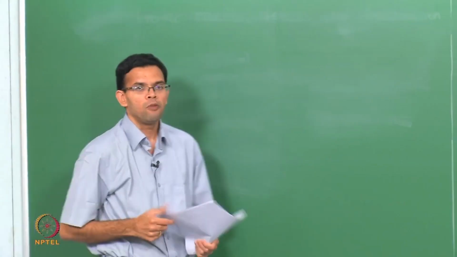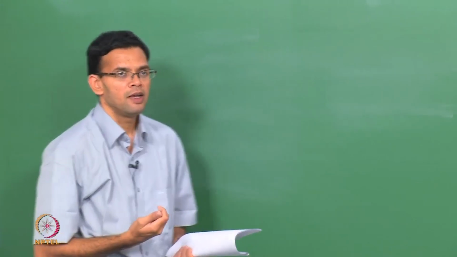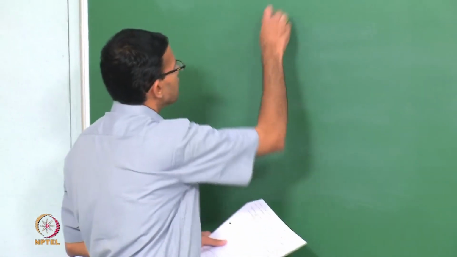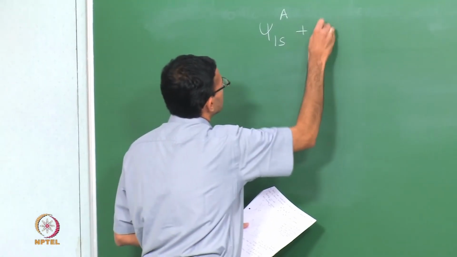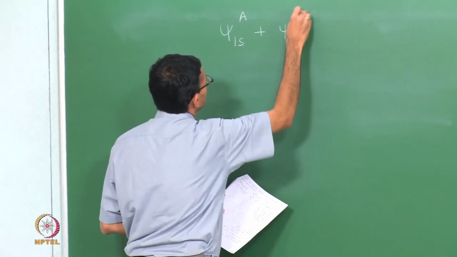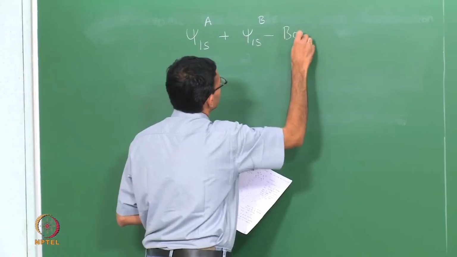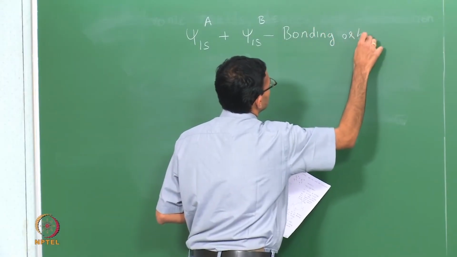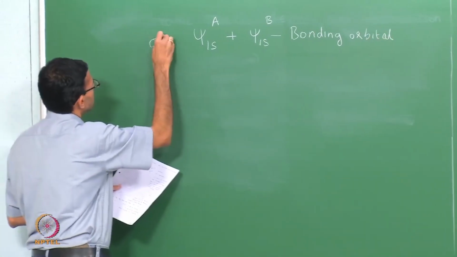Now, in order to form molecular orbitals, these 2 wave functions psi 1s A and psi 1s B need to be put together, and there are 2 ways of doing it. You could add both of them. This is called a bonding orbital, and it is denoted by sigma.